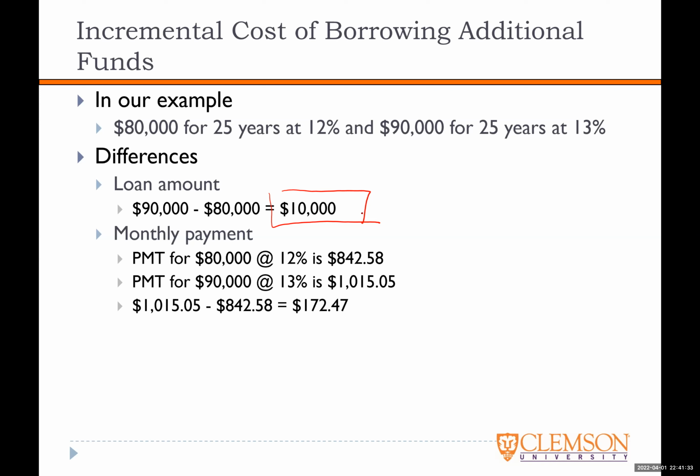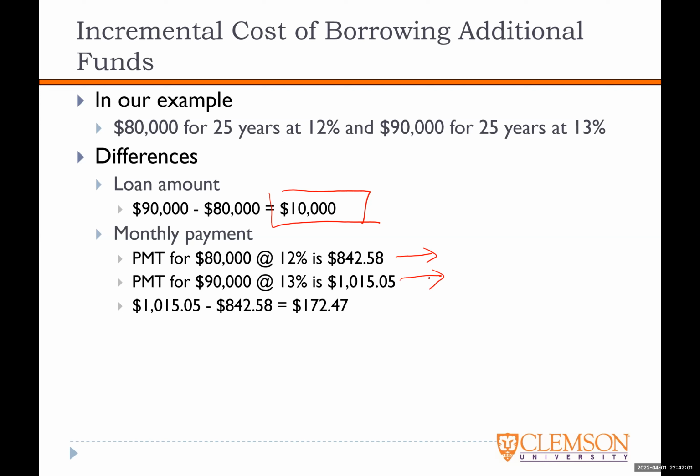For the $80,000 loan, the monthly payment is $842.58. And when you borrow $90,000 at 13%, it's $1,015.05. Why is that? Because both the loan amount and also the interest rate increase.